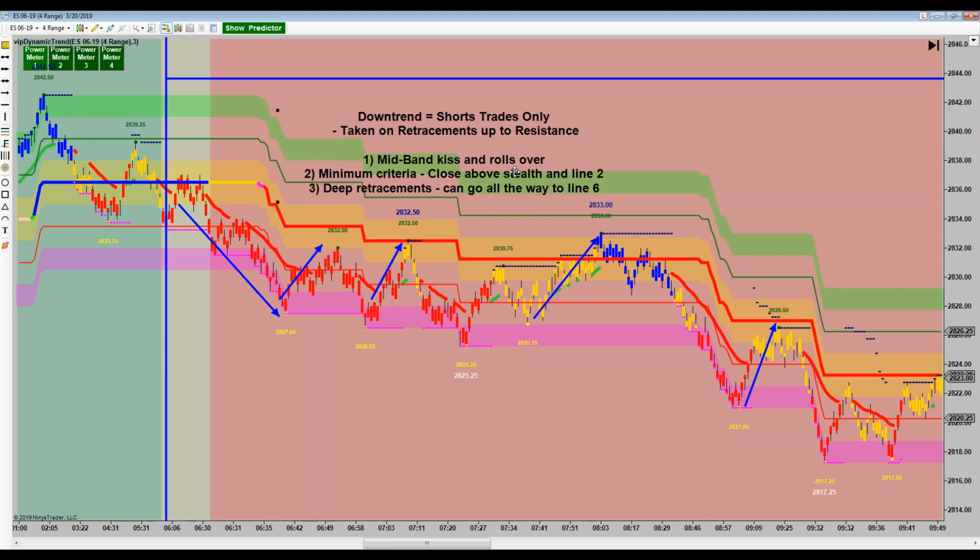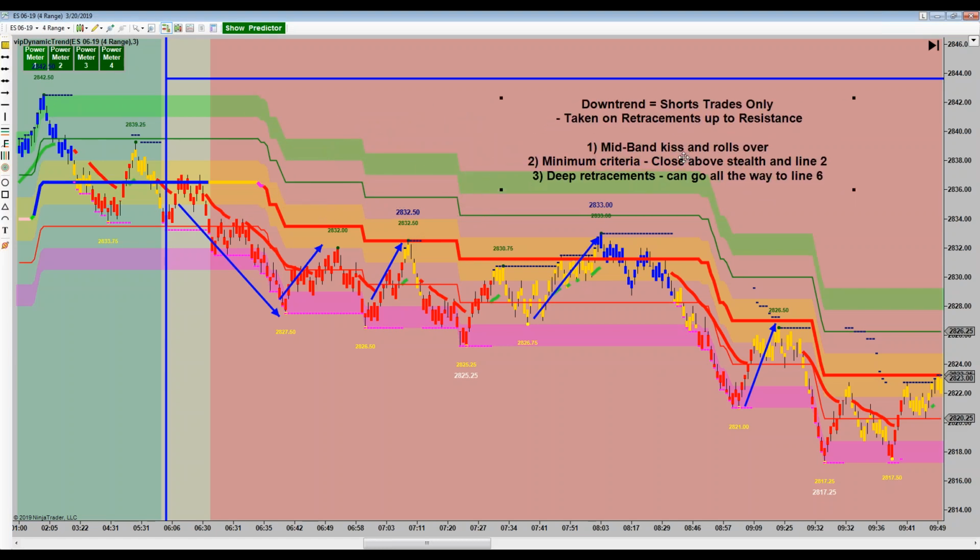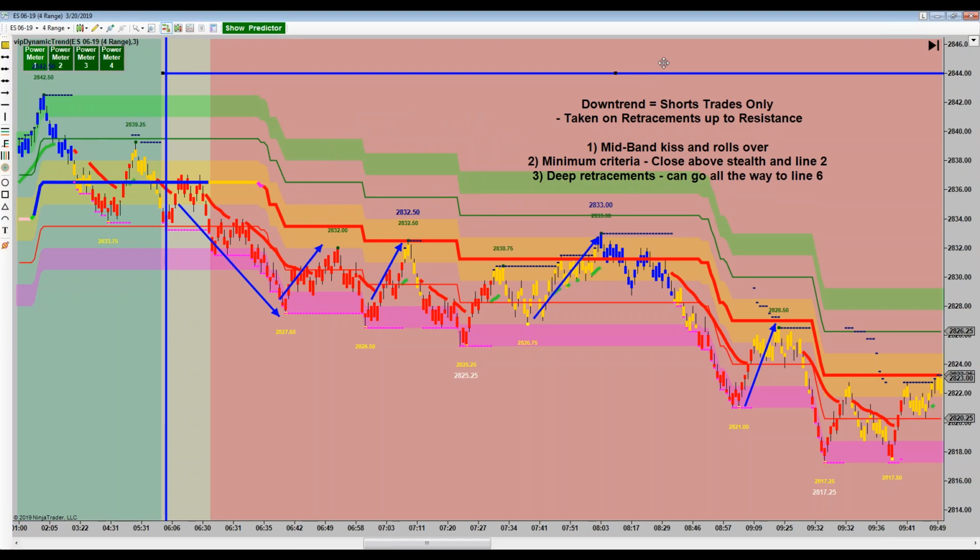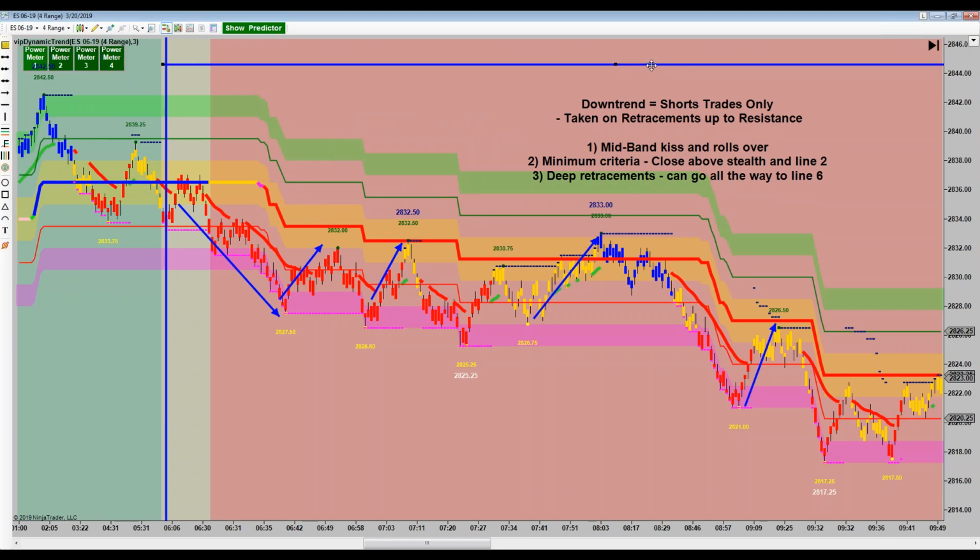So let's take a look at each one of these 3 trade types in a downtrend. The first one is going to be the mid-band, kiss and roll. Now, when you're looking at this chart, the definition that we have of a mid-band trade is as follows: bars landing on the mid-band itself.